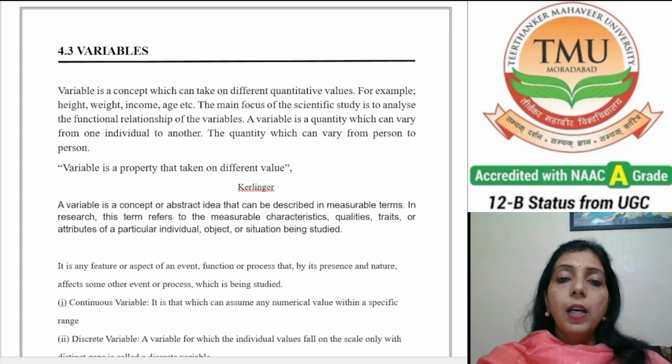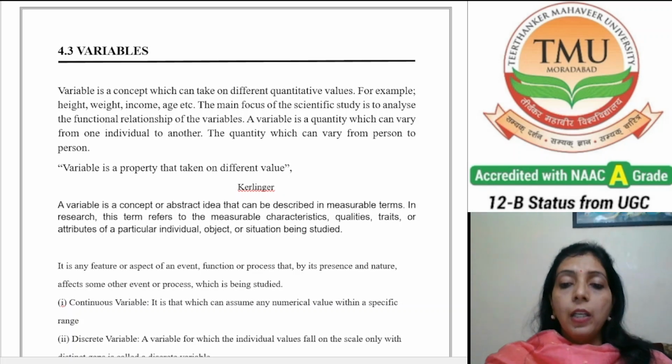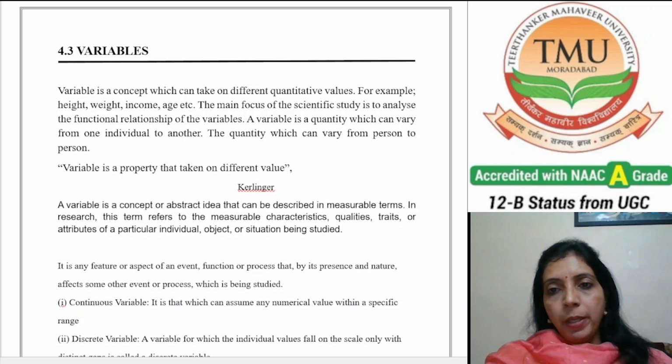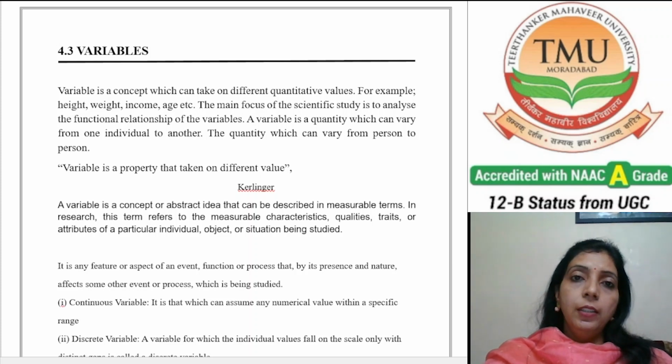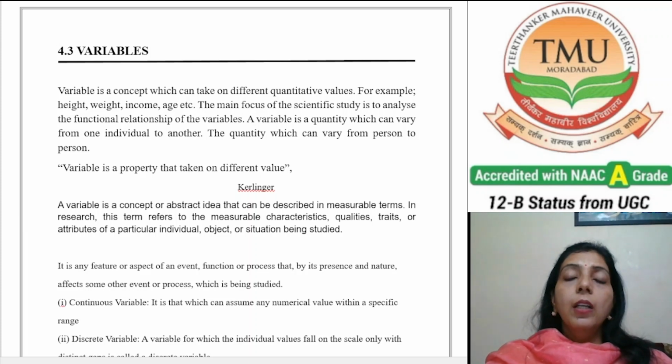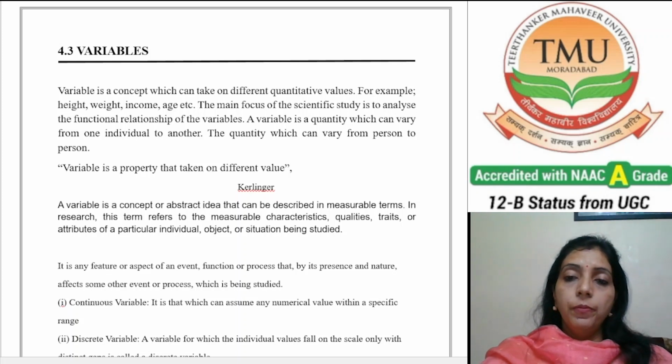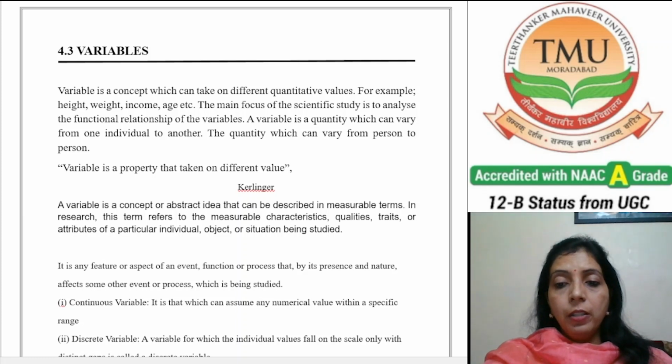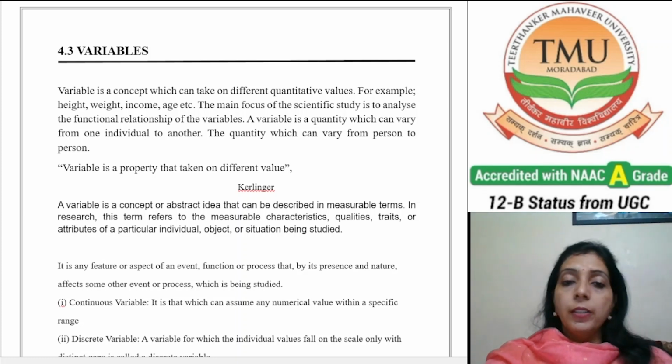So variables are things that we measure, control, or manipulate in research. Something that we measure, control, or manipulate in research.